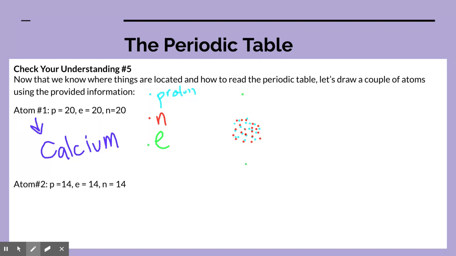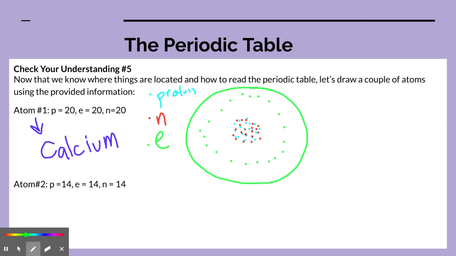So 1, 2, 3, 4, 5, 6, 7, 8, 9, 10, 11, 12, 13, 14, 15, 16, 17, 18, 19, and then 20. Okay, so then there are all my electrons. And here is my atom of calcium. There's my nucleus. The green circle is my electron cloud. We're all good to go.